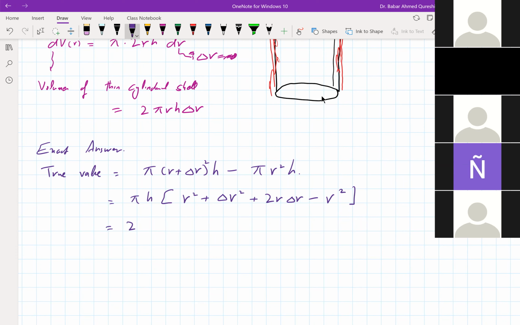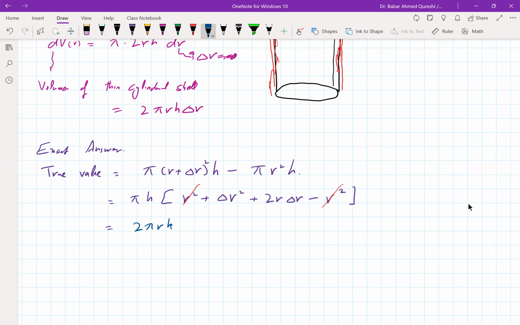These cancel, so I get 2 pi r h delta r plus this number, pi h delta r square.